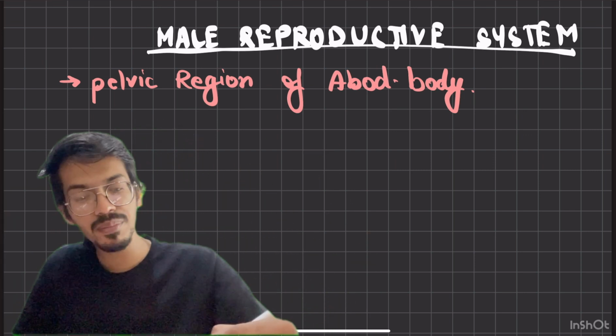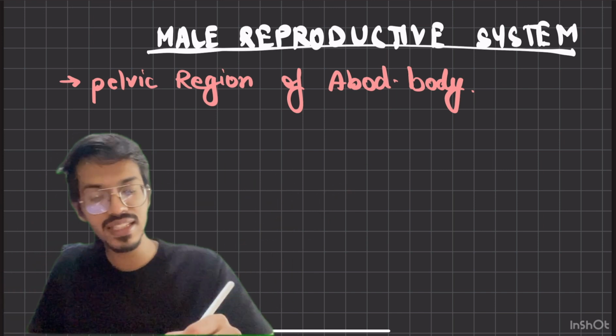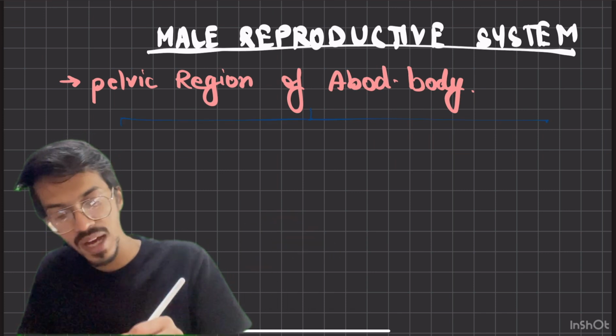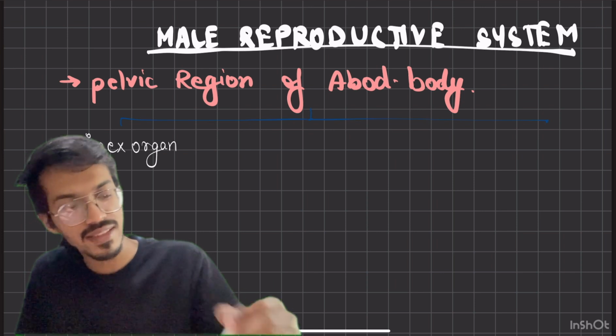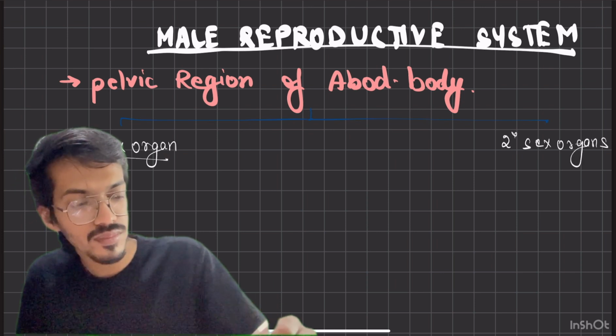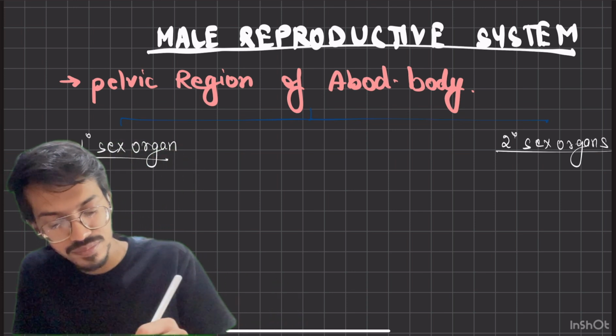Now the male reproductive system is divided for study into 2 parts. What are those 2 parts? The primary sex organs and the secondary sex organs. In primary sex organs, we have the testes pair.